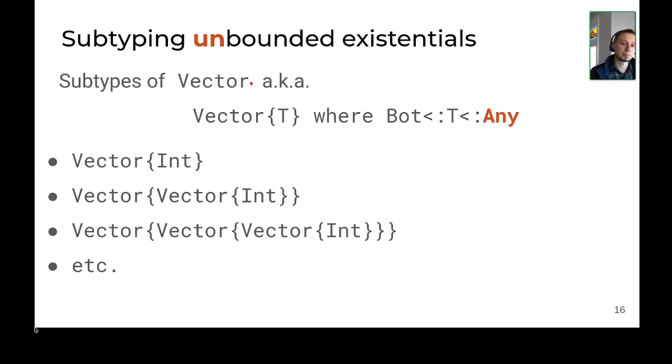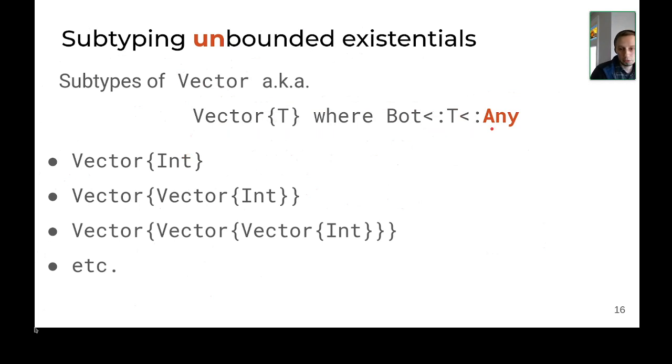So in the methods in the Julia APIs, you would usually see just a vector input, and vector means vector T, where T is from bottom to Any, which is basically anything. Any Julia type would suffice to match this type, right? Or vector of any Julia type will suffice to satisfy this type.